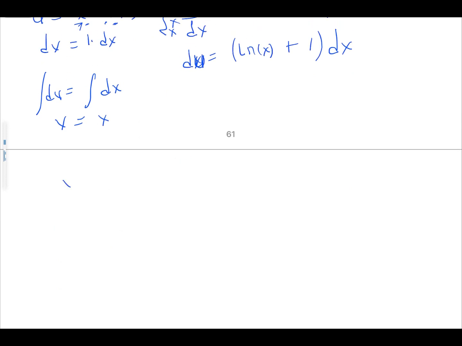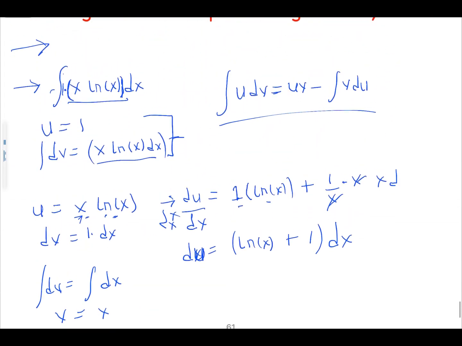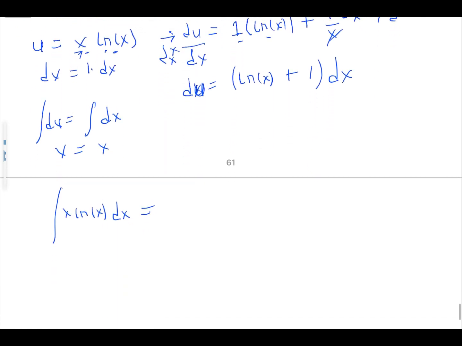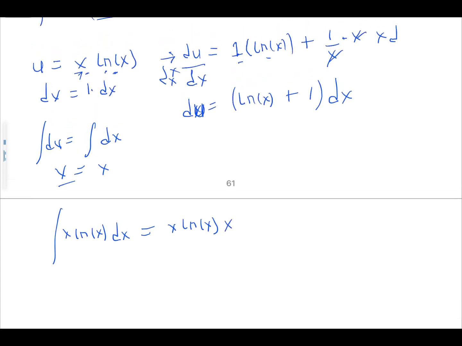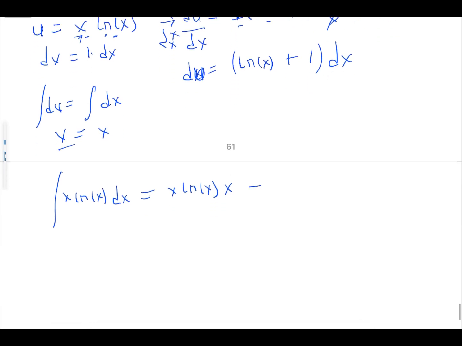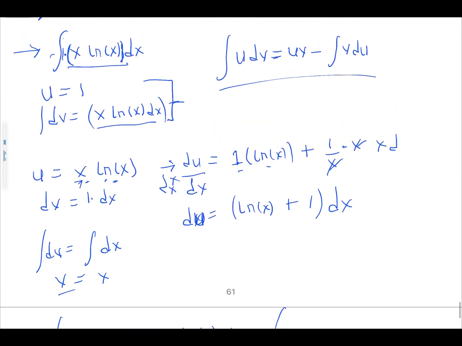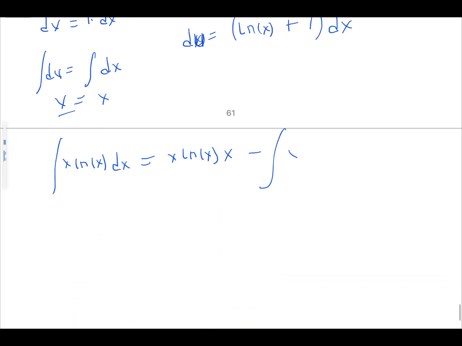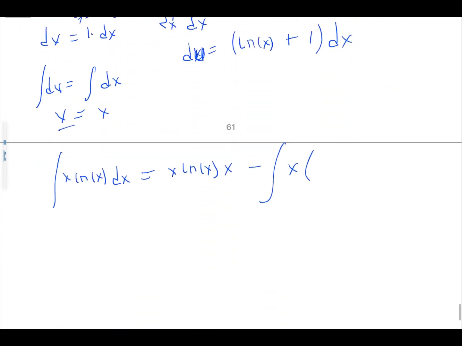We have x ln x, which is our u, times v, which is x, minus the integral of v du, where v is x and du is ln x plus 1 dx.